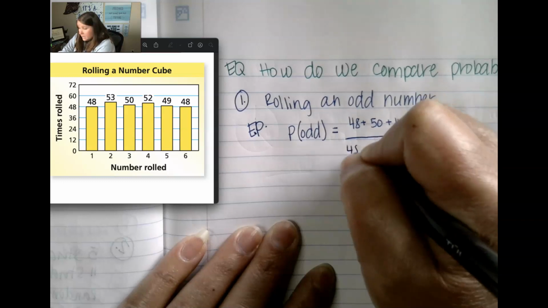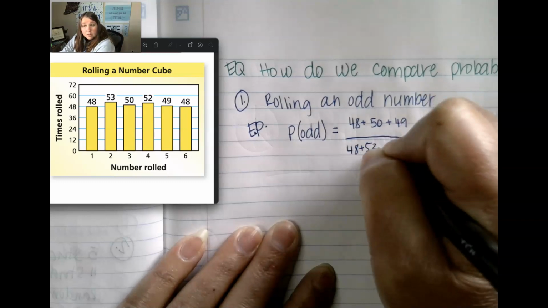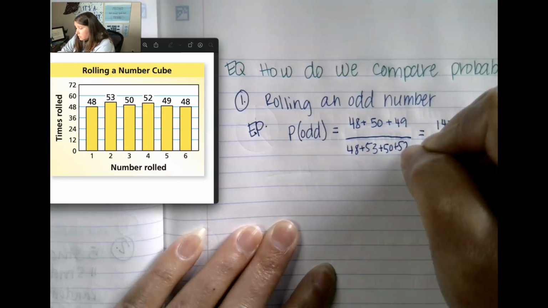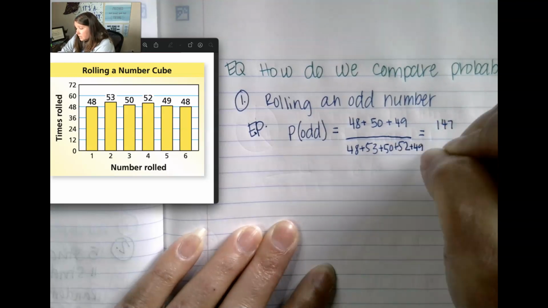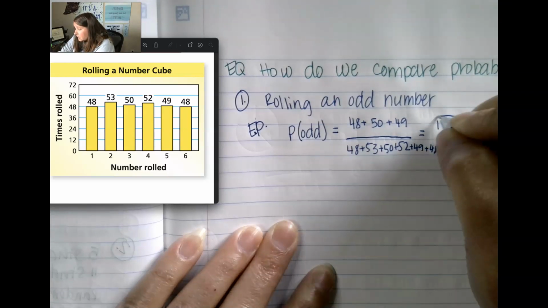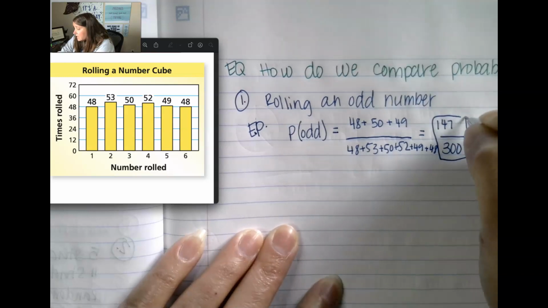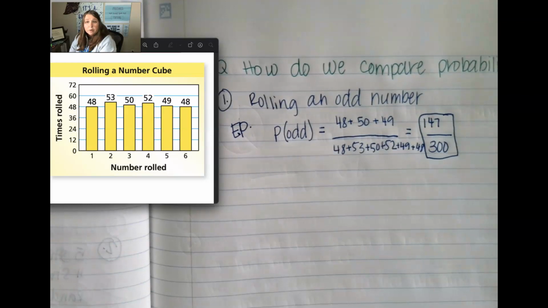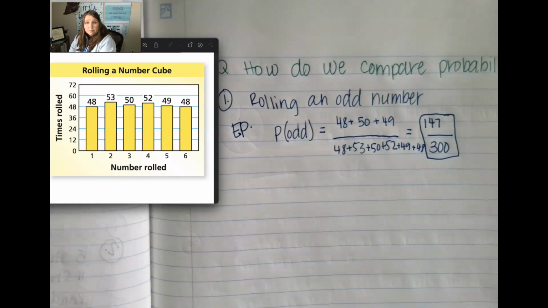So 48 plus 53 plus 50 plus 52 plus 49 plus 48 equals a total of 300. So 147 out of 300. That is the total number in our experiment.